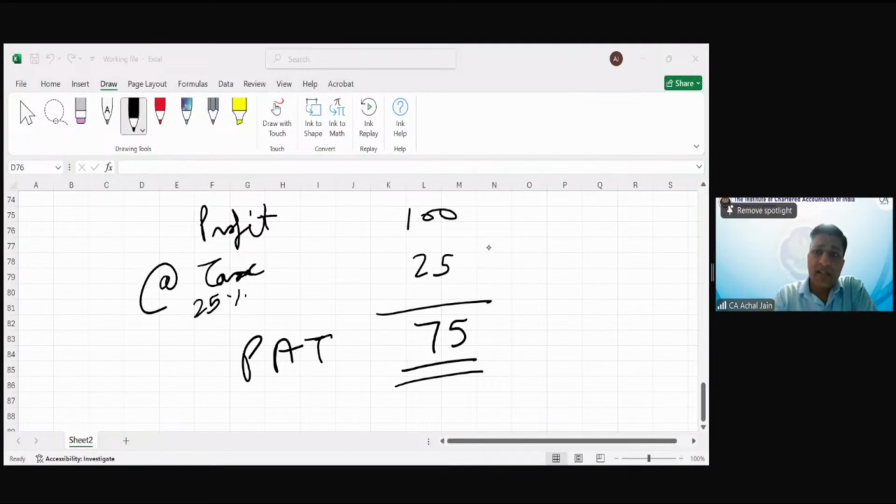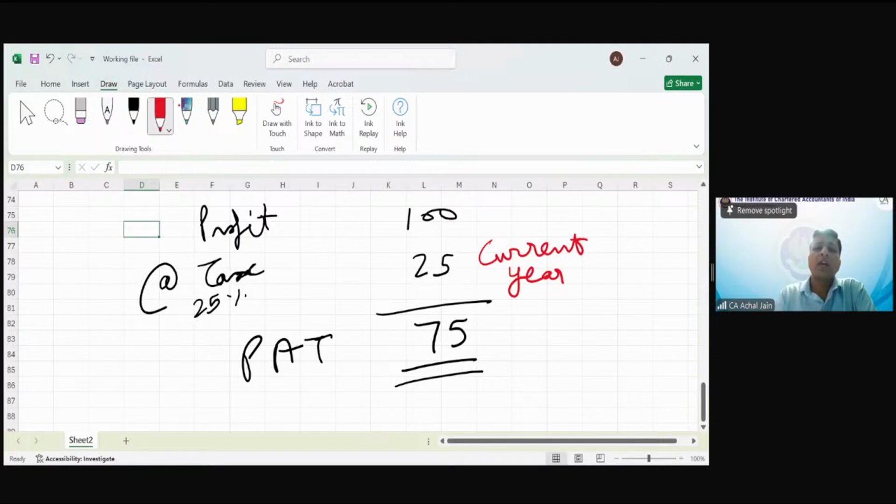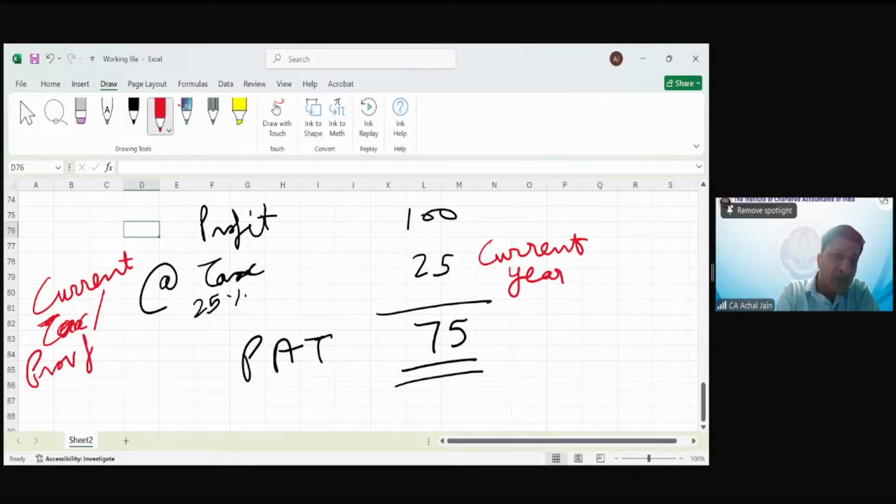So this tax which you compute for the current year, what do you call it? Current tax. This is also called provision for taxation or provision for tax. So there are two different nomenclatures that you use for this.